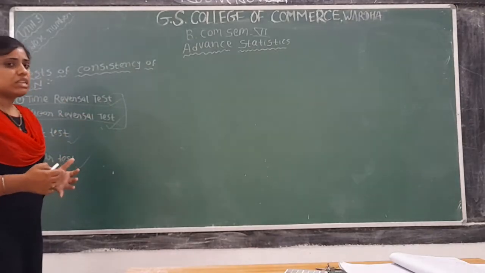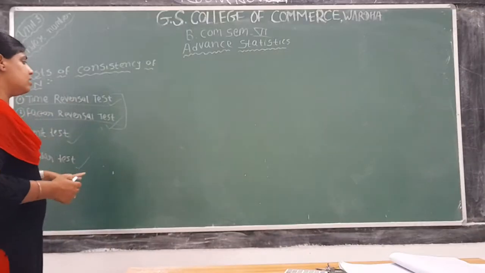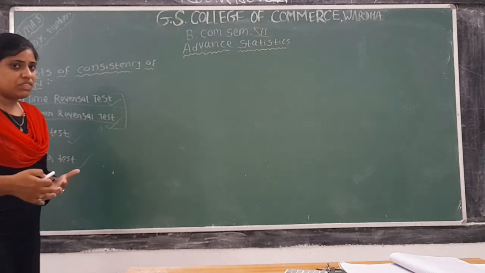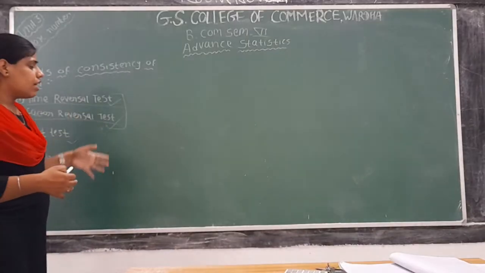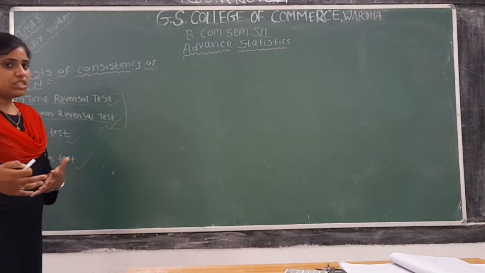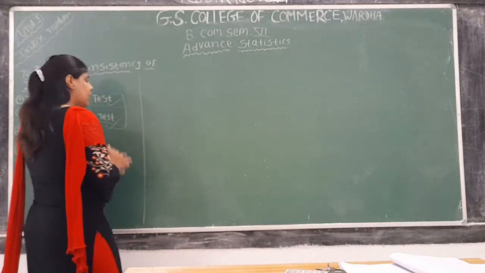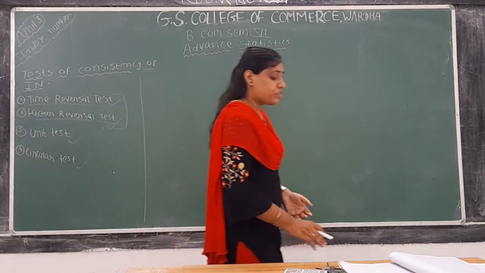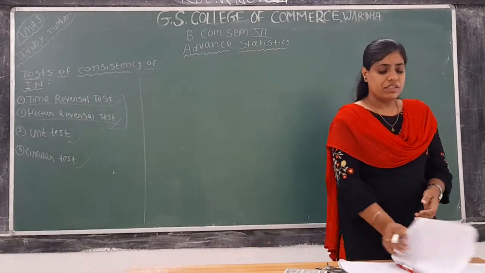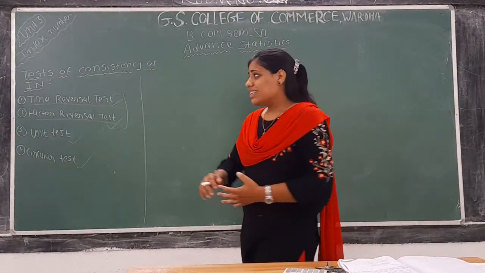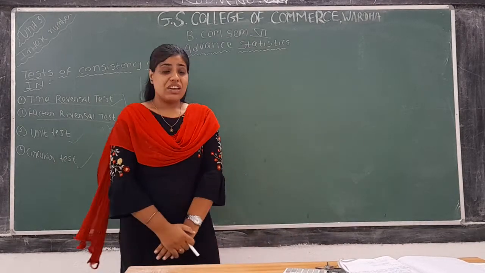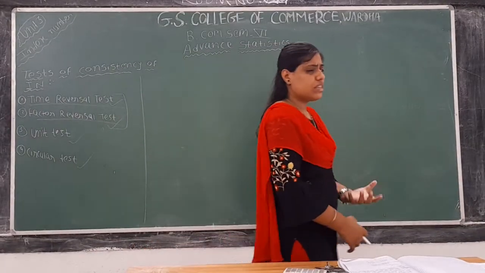Now we will see in detail what is the meaning of these tests and how these tests are satisfied by using Fisher's ideal index number. So what is basically the time reversal test? When we talk about the time reversal test, it is given by Professor Irving Fisher. So what does he say over here?